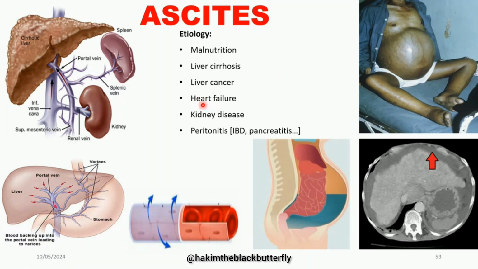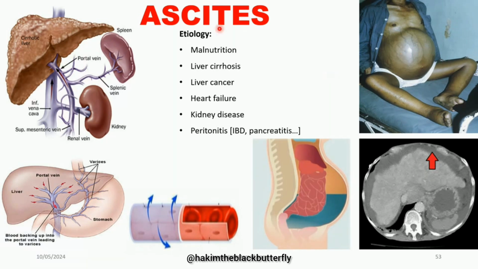If someone's heart is failing, blood will be dragged in the lower parts of the body, and that increases the pressure in the veins and capillaries of the lower parts of the body, and these patients usually present with edema but also with ascites.